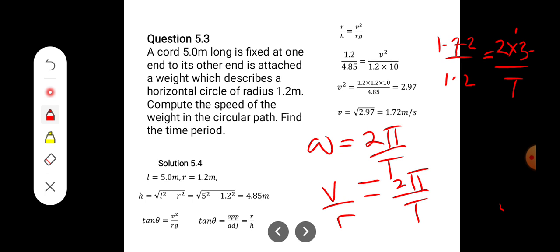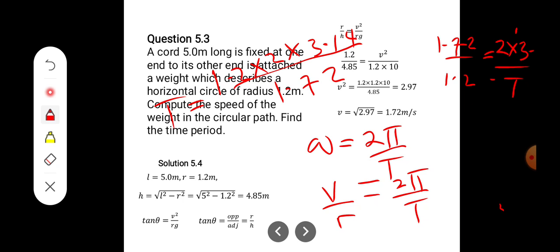So remember that pi is 3.14. If we cross multiply now, we're going to have that T is equal to 1.2 times 2 times 3.14, all divided by 1.72.